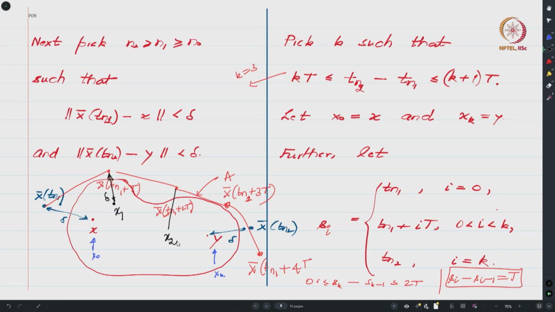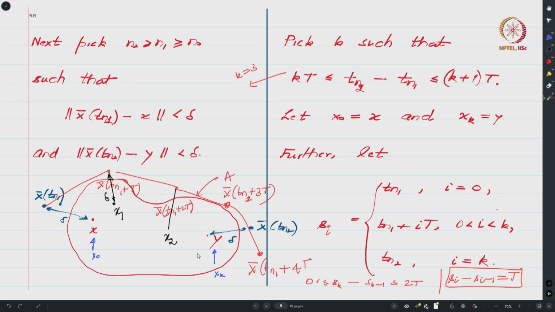And we are not going to pick a delta close point to this, because this is the kth entry over here. Instead we are going to directly work with y. So your x0 will be x, your x1 will be some point that is delta away from x bar tn plus t, your x2 will be delta away from x bar tn plus 2t, and this will be your x3.